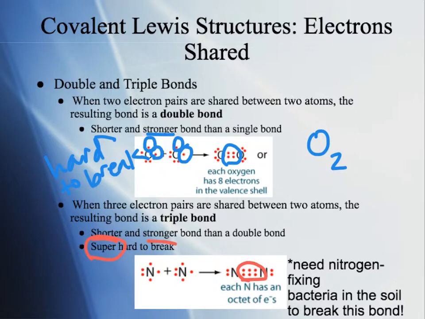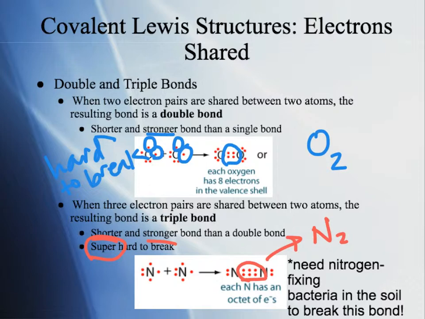and so they are super hard to break. In fact, nitrogen, another diatomic gas, is the gas that's found the most prevalent in our atmosphere. However, when we breathe it in, our bodies can't do anything with it because it's such a short, strong bond.